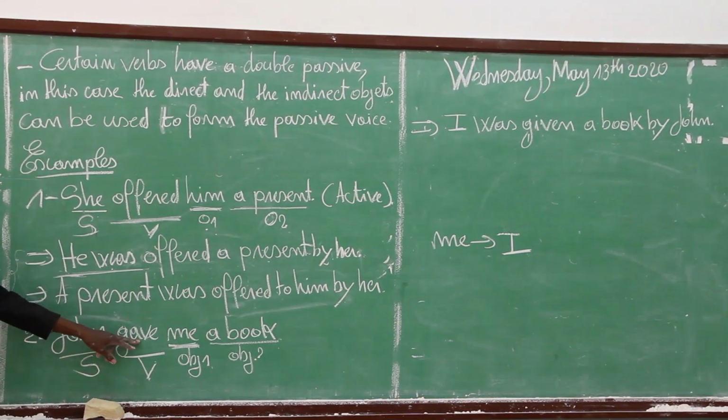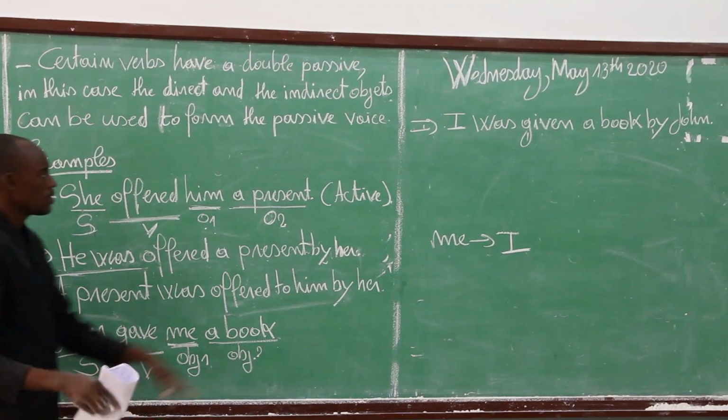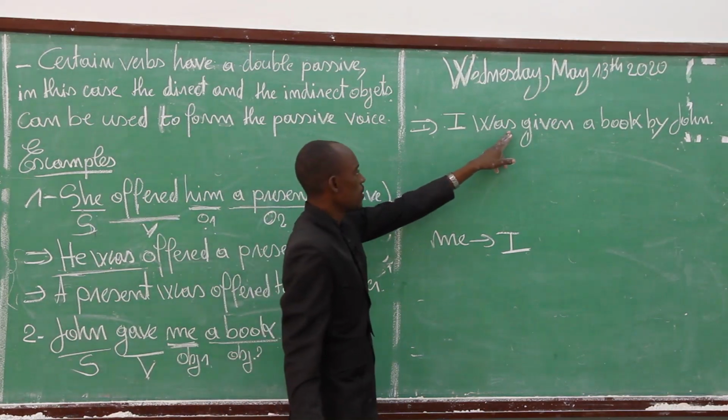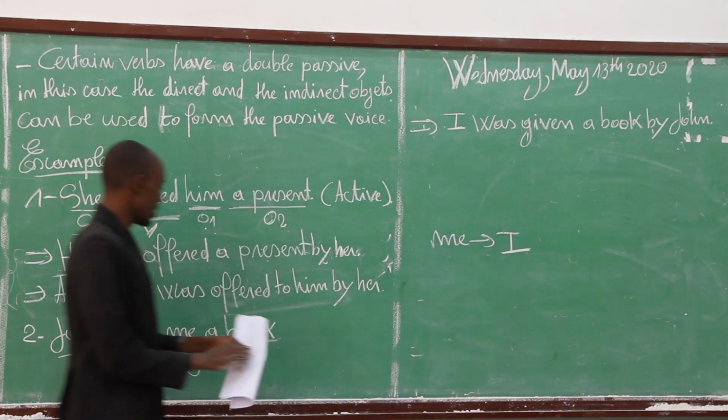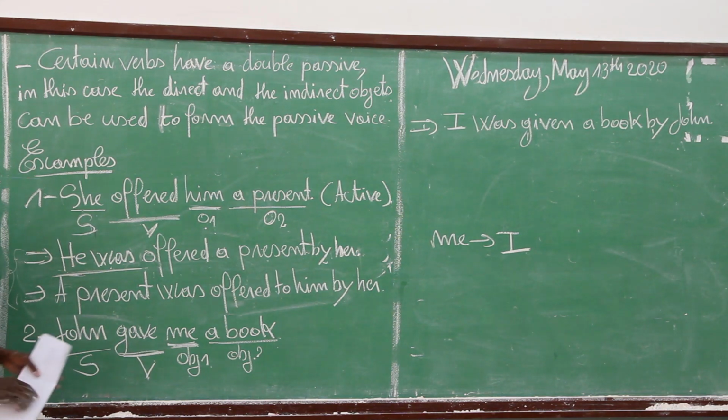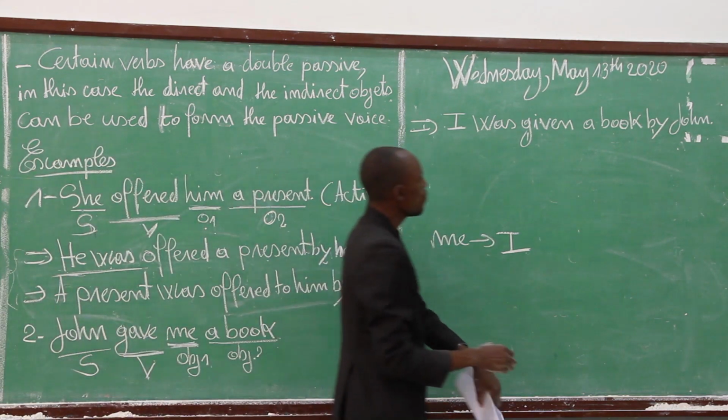Yes, the sentence is in a preterite, and the auxiliary is in a preterite, followed by the past participle of this main verb. Yes, I was given a book by John.